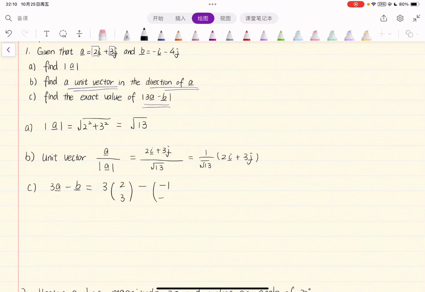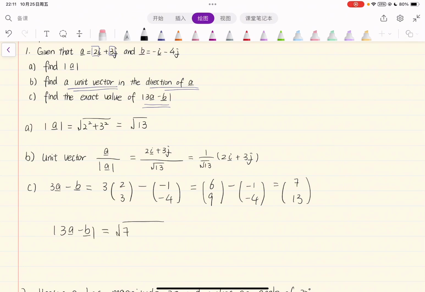That equals (6, 9) minus (-1, -4) equals (7, 13). So we have the magnitude of 3a minus b equals the square root of 7 squared plus 13 squared. That equals the square root of 218. That is the answer.